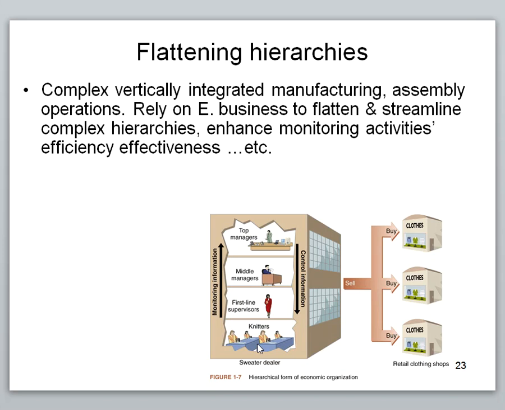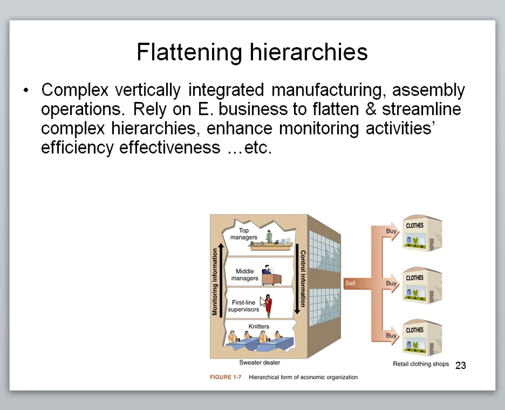In this example, we have the top level and the operational level at the bottom, right? And all these organizations are doing transactions. They buy clothes from different areas, as you see here, and they sell them somewhere else, right?